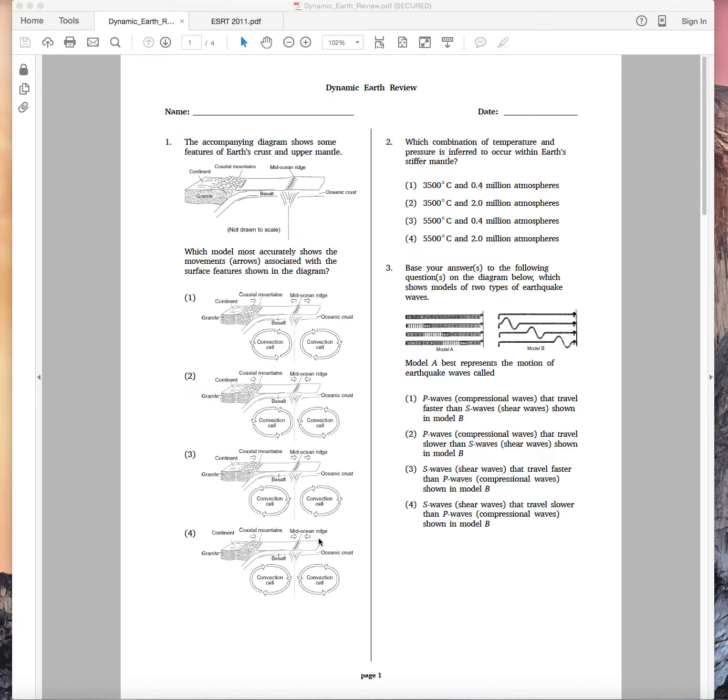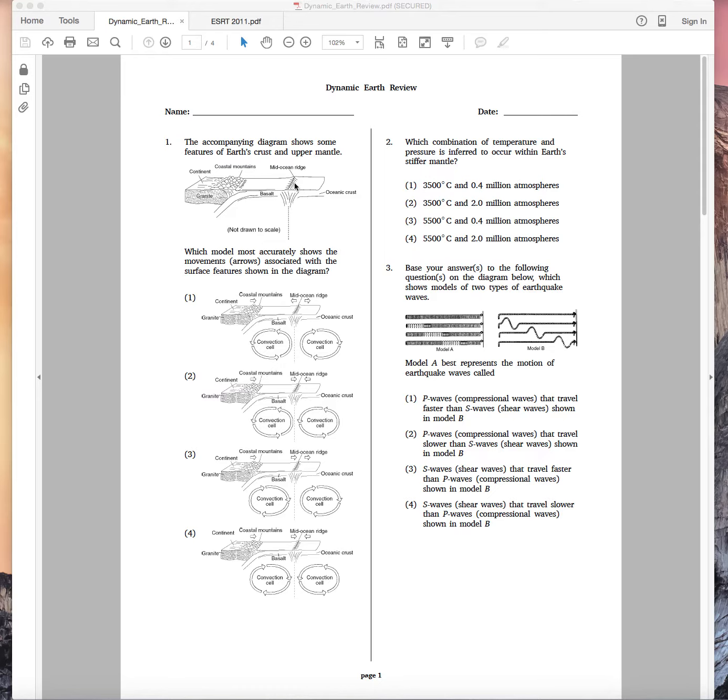And choice four, you have arrows that come together, which should not be. So just by those arrows, I can eliminate choices 2, 3, and 4, leaving you with choice 1. And just to make sure, we have hot molten material rising on both sides, and some of that makes it through the surface, creating a ridge. So the answer is choice 1.